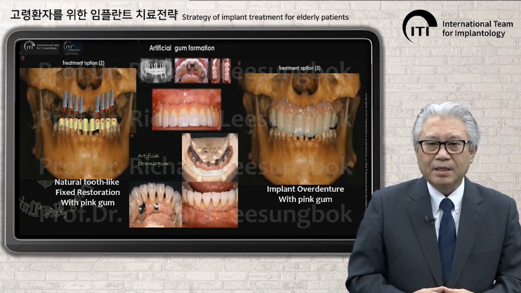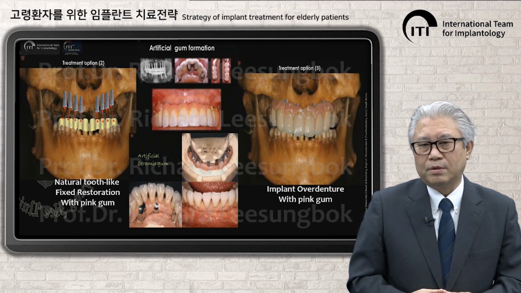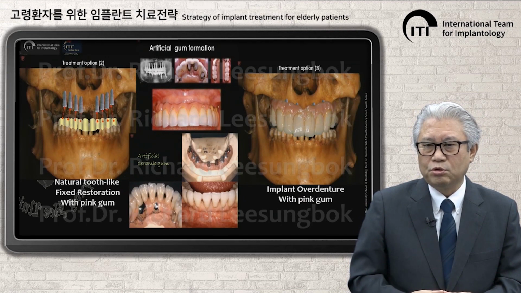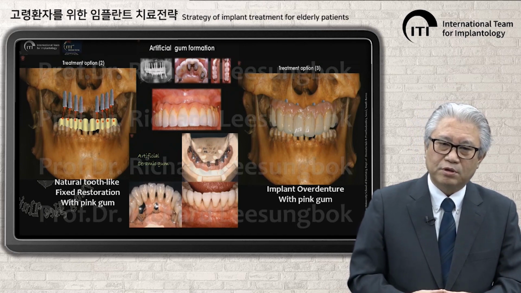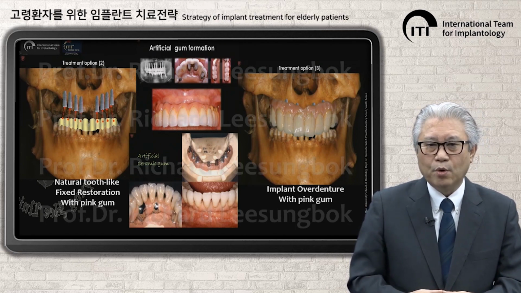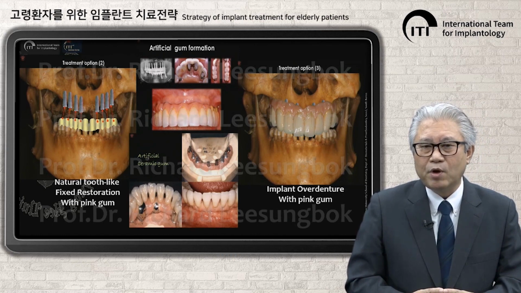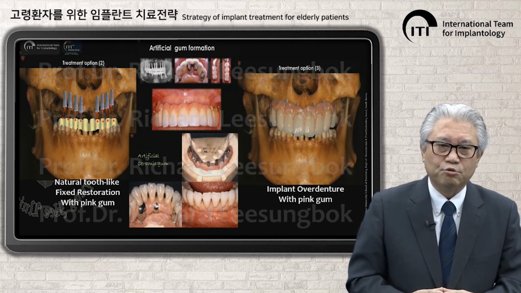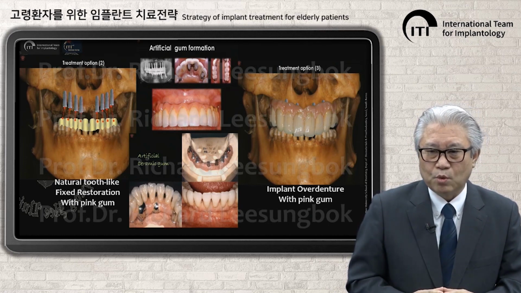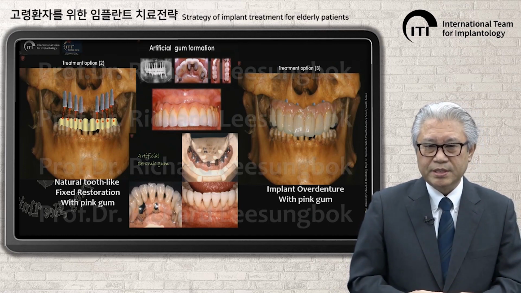The treatment option in the second category is the so-called natural tooth-like hybrid fixed restoration method, which places multiple implants on the severely resorbed and lowered jawbone and fills the vertical spaces with artificial gums.